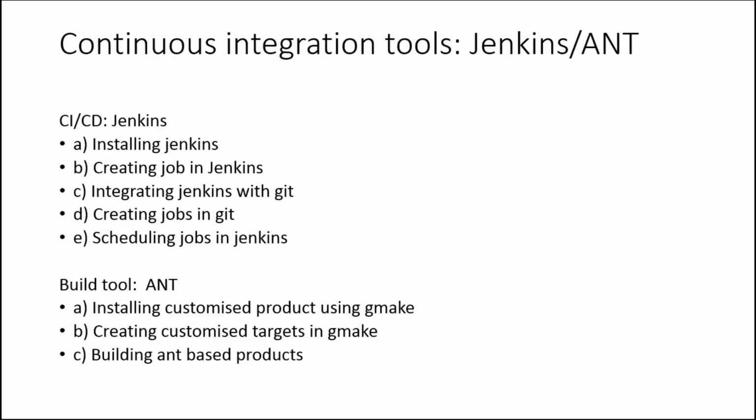Next is the continuous integration tool. As I said earlier, there are many tools in the market which do the same job: Jenkins, Hudson, Bamboo and many more. We're going to see about Jenkins. What is Jenkins? Jenkins is a continuous integration tool.